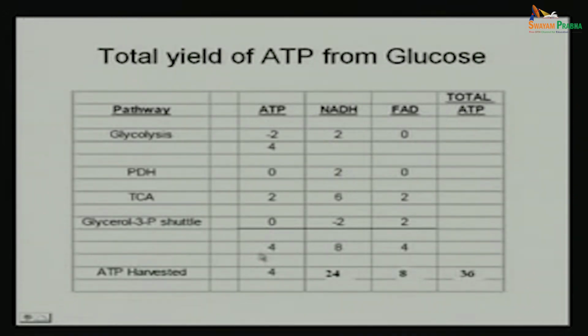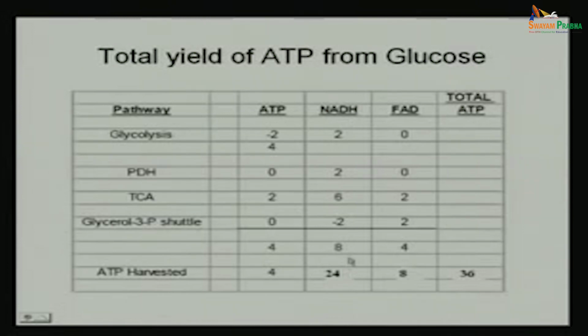So the total gain is 4 molecules of ATP, 8 molecules of NADH and 4 molecules of FADH2, which gives 4 ATP, 24 ATP from NADH, because one NADH is equivalent to 3 molecules of ATP, as we have already seen.